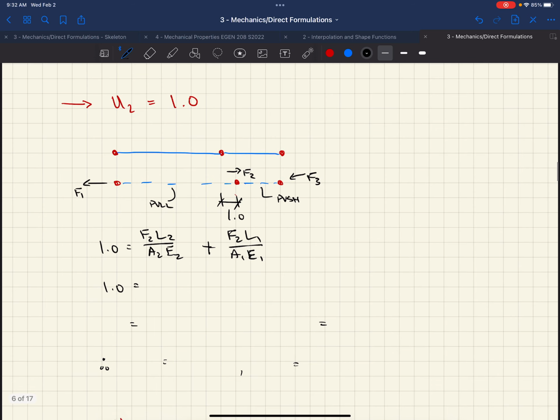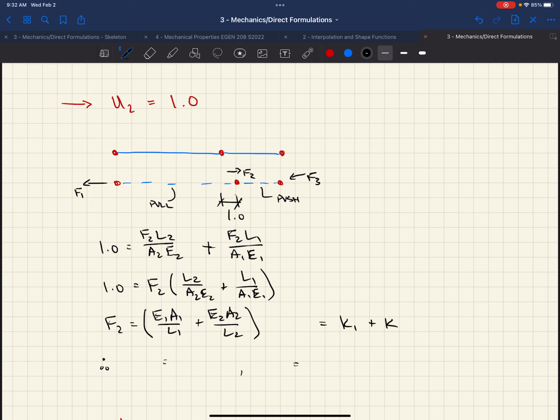So if we rearrange this, we pull out F2, right? We really want a vector of forces. So we have L2 over A2 E2 plus L1 over A1 E1. Rearranging for the force, we can create this vector. We're going to say that that is really equal to K1, and the second term in there is K2, E2 A2 over L2.